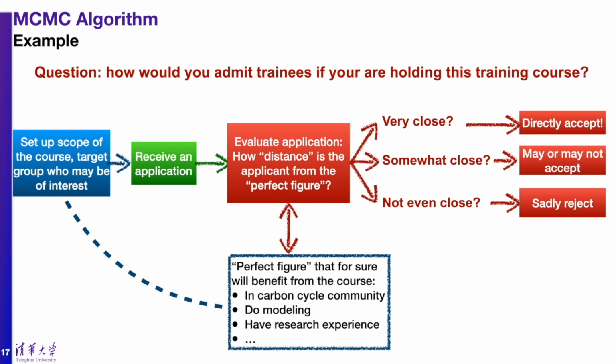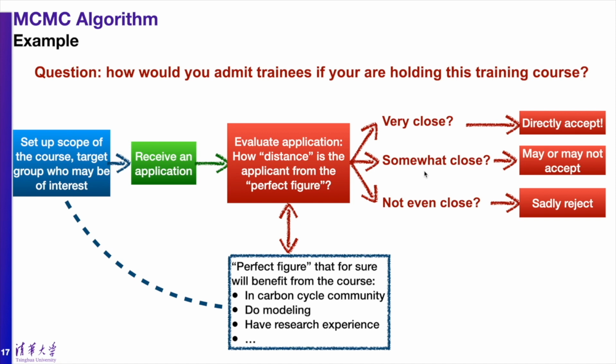Roughly, there are three possibilities in the evaluation. One is that the background of the applicant is very close to our perfect figure, and will most likely benefit from this training course. In this case, we will admit the applicant without hesitation.